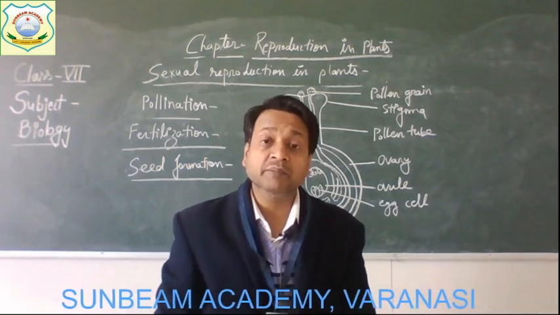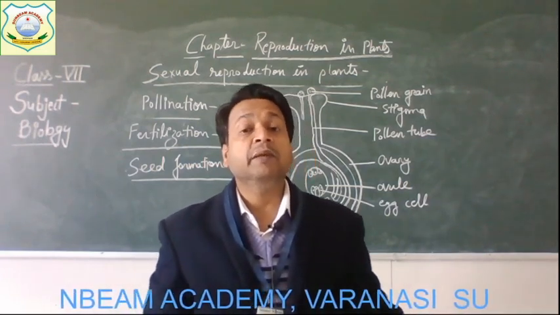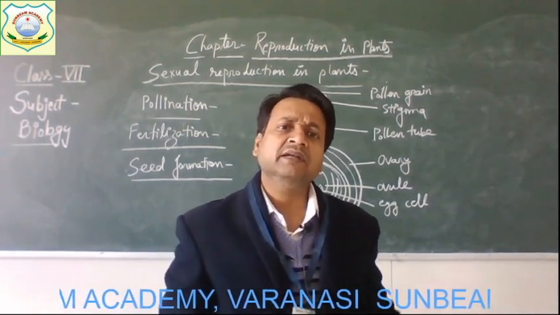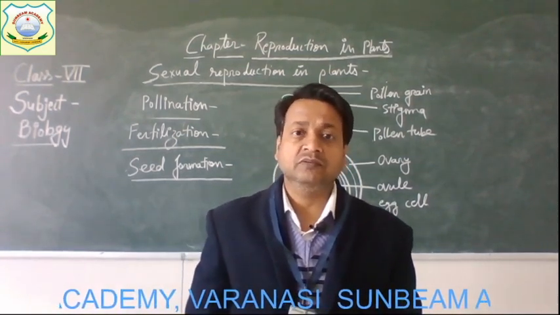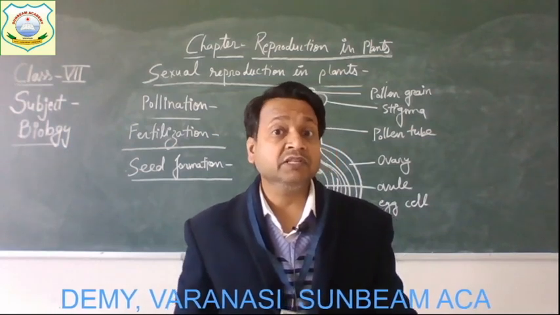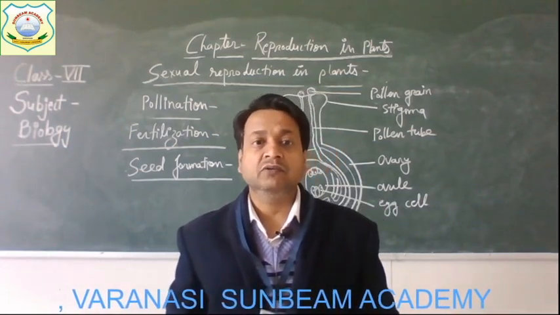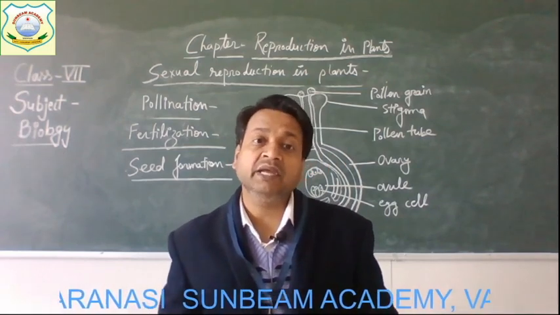So after the formation of the zygote, the petals, sepals and the stamens wither away and fall off. Often the style and the stigma also fall off and only the ovary remains.